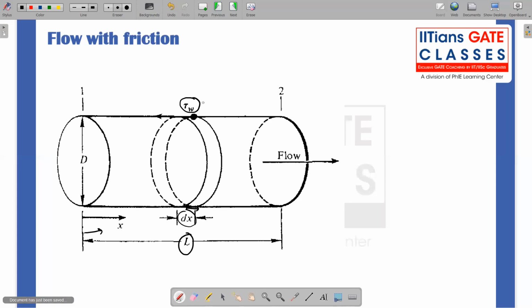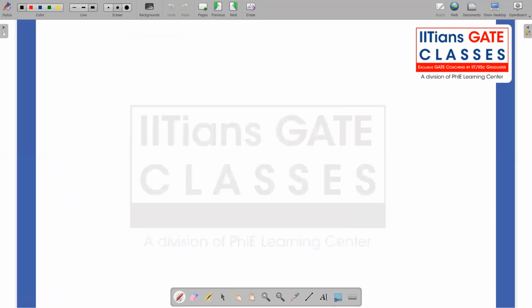That is usually quantified using the shear stress, or the wall shear stress, tau W. That is my shear stress. Now let us say the duct diameter is d, so that's constant. Now I have my governing equation for the 1D flow with friction in an integral form, that is a control surface integral of a convective derivative.